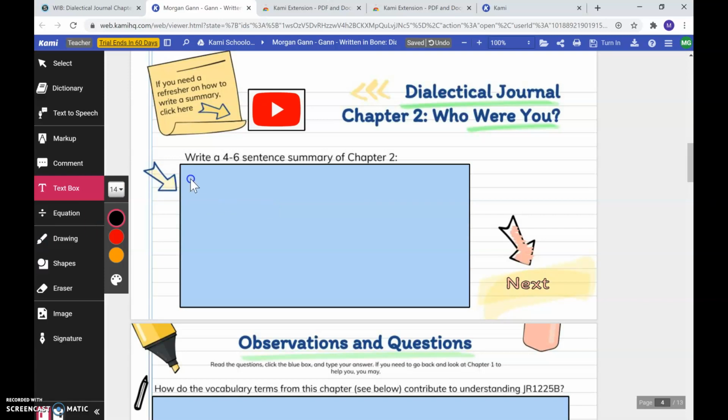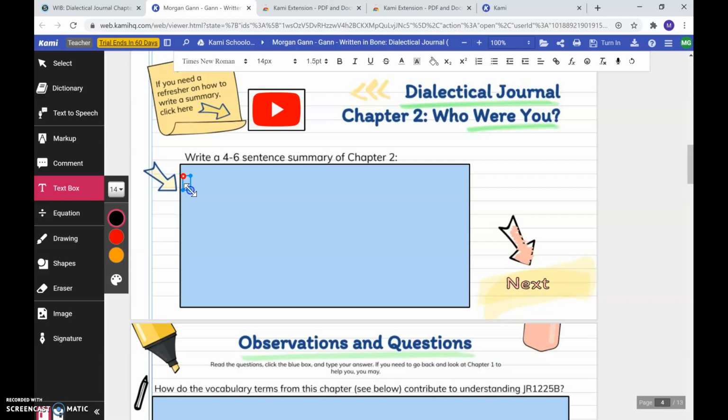When you want to add a text box, make sure it's selected over here. It says text box. Click wherever you want the text box to go. So click here. If you want to adjust the size of your text box, you see these 4 circles on the edges. Hover over it with your mouse.